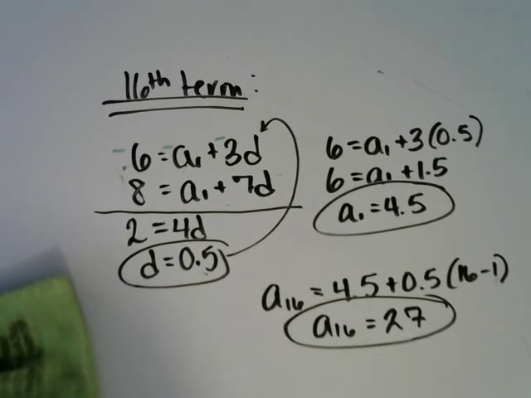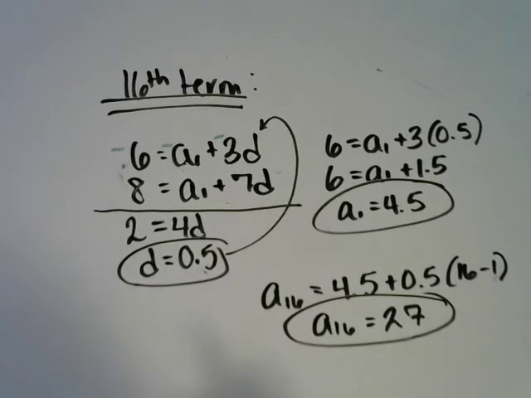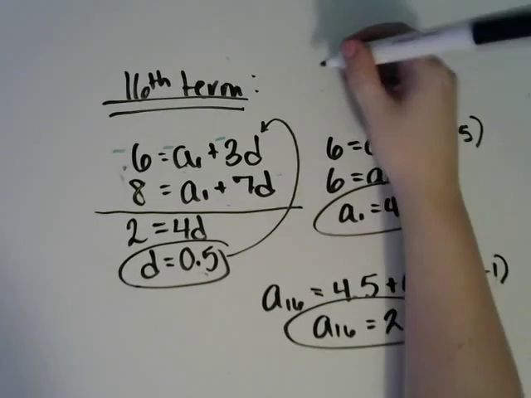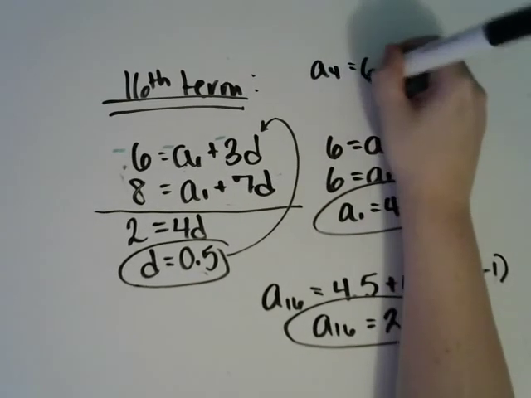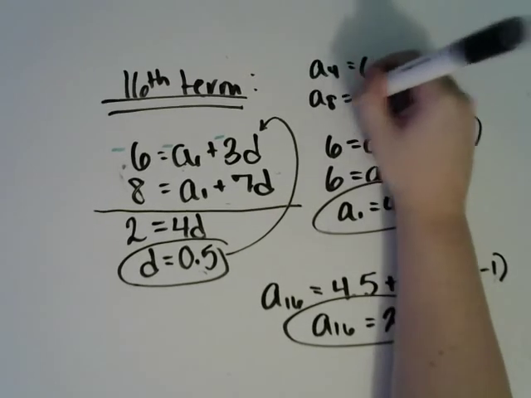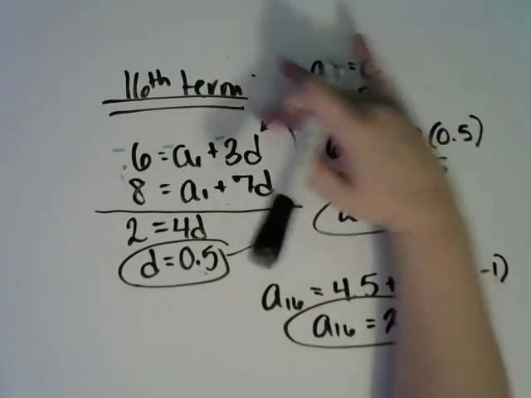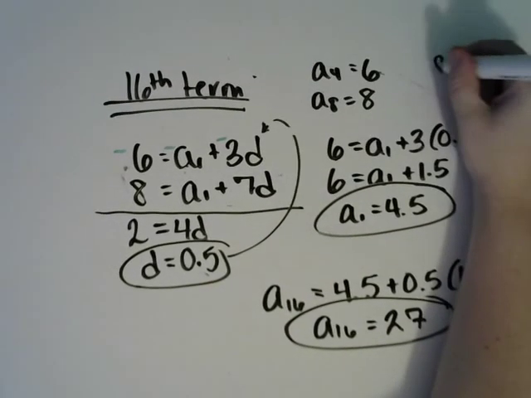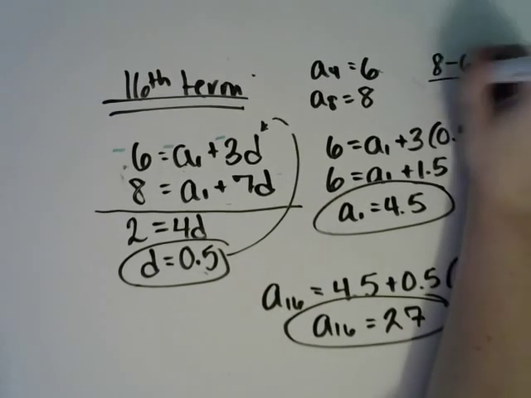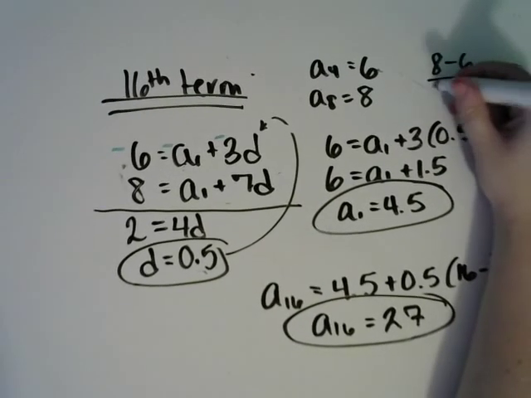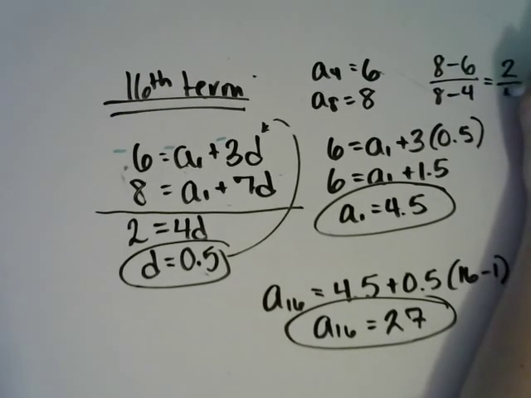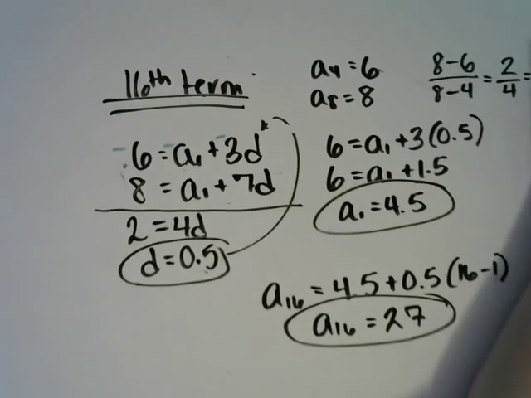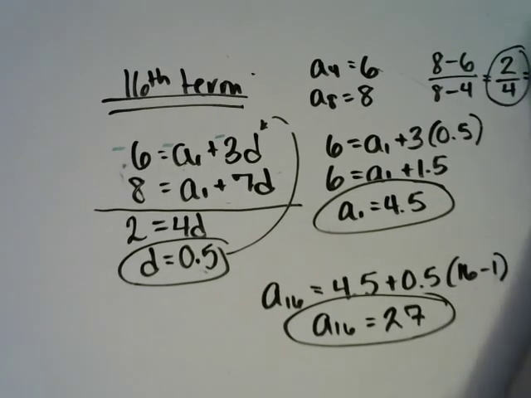Another option, instead of using a system of equations, is to use slope to find the common difference. So we have the 4th term is 6 and the 8th term is 8. Since this function is linear, we can do output minus output divided by input minus input, which tells us our common difference is 1/2.